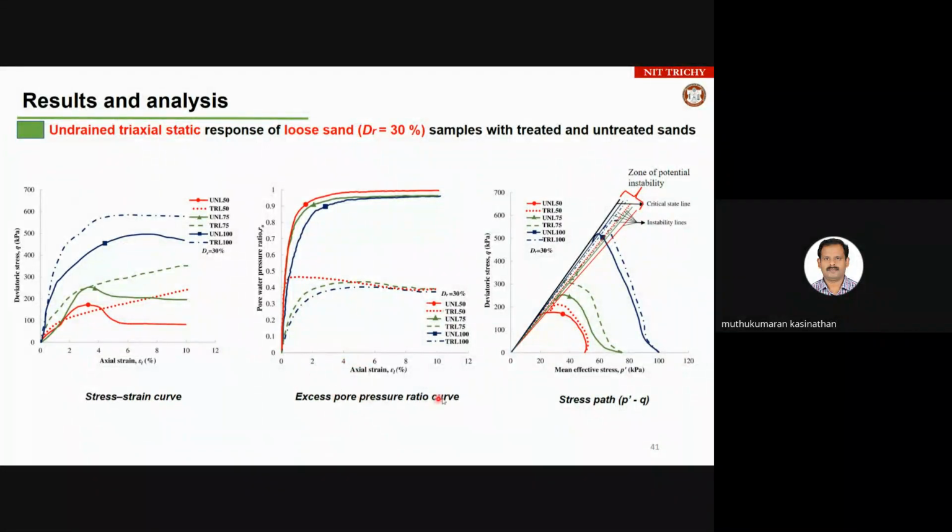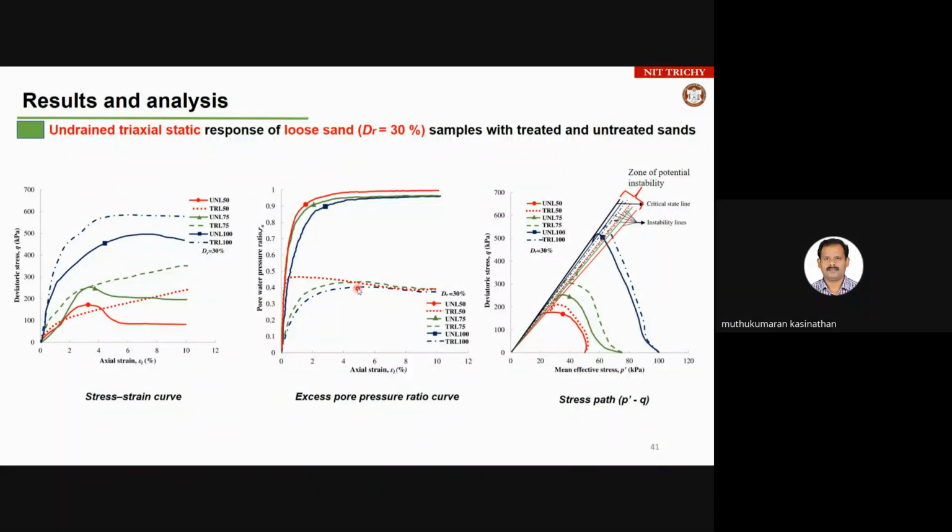How the excess pore pressure is developed. Pore pressure is plotted with respect to axial strain. You can see here the untreated soil, the solid lines, are reaching close to 0.9 pore water pressure ratio, RU values reaching close to 0.9. With the increasing axial strain, even at 2% itself, it reaches the failure state.